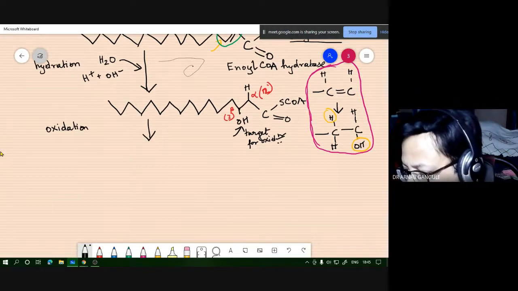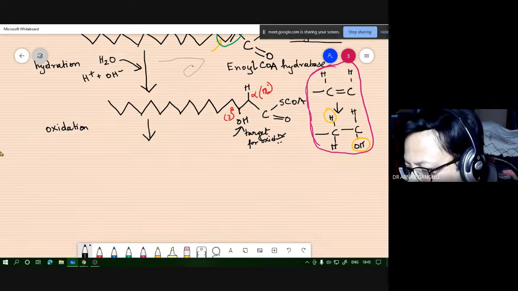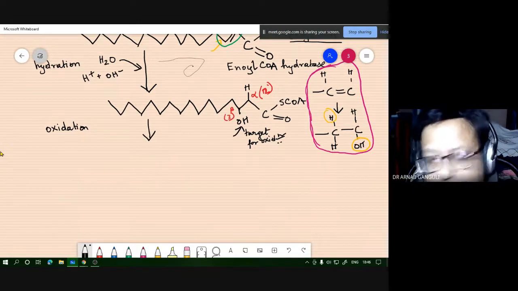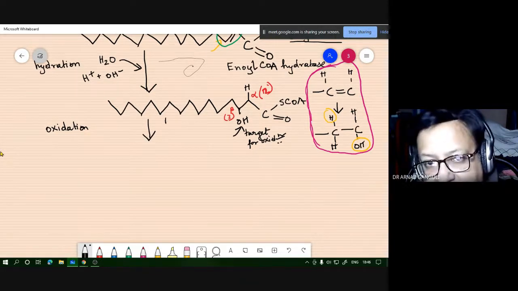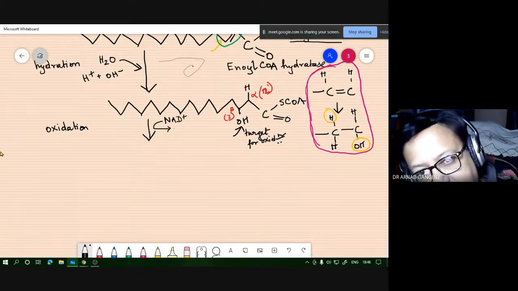The enzyme is 3-hydroxy acyl CoA dehydrogenase. Here one NAD plus gets converted into NADH plus H plus.